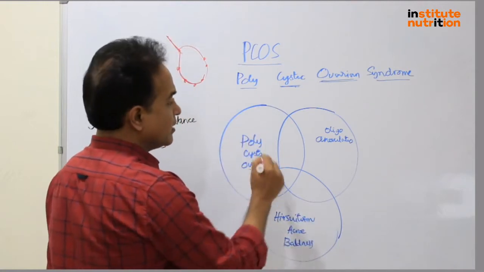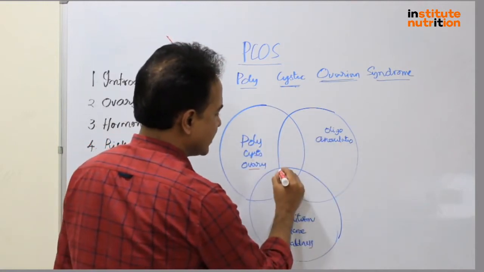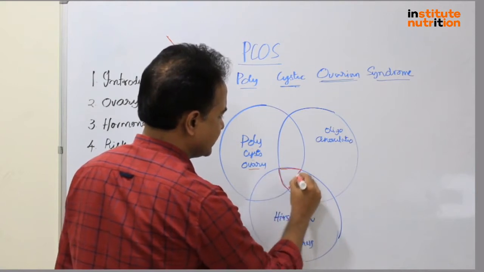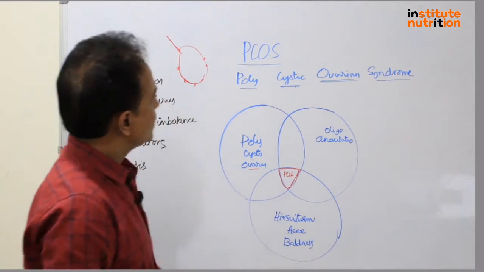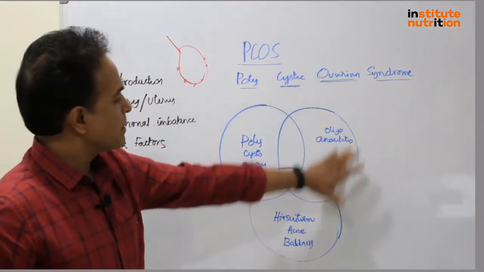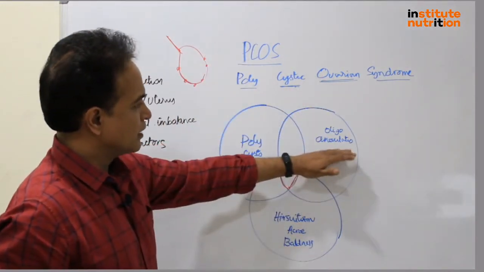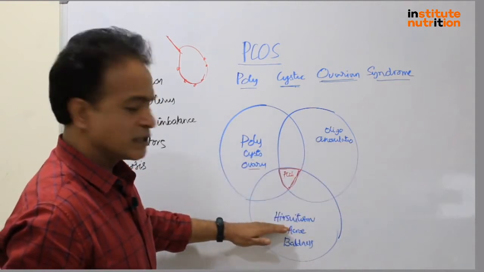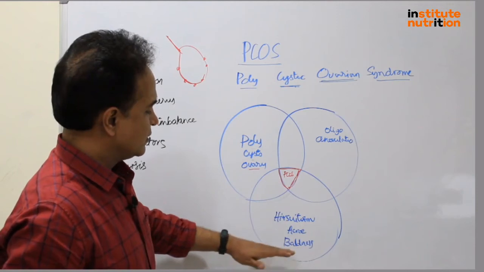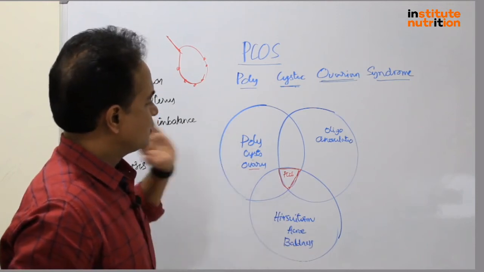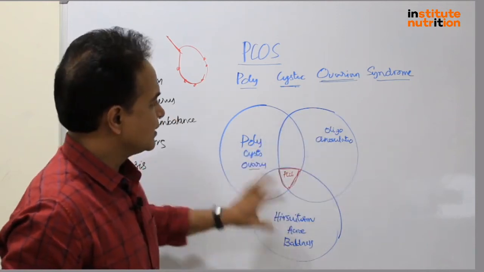If all three conditions are present, then it is usually defined as PCOS, right? Polycystic ovarian syndrome means these three conditions: lack of release of egg, signs of hirsutism such as acne and baldness, and polycysts in the ovary.